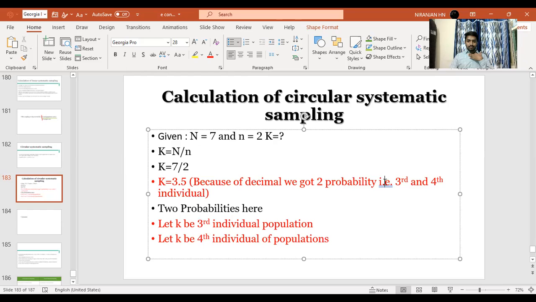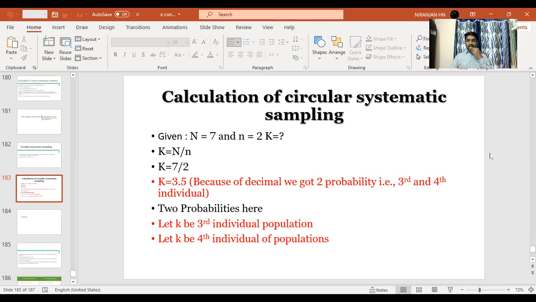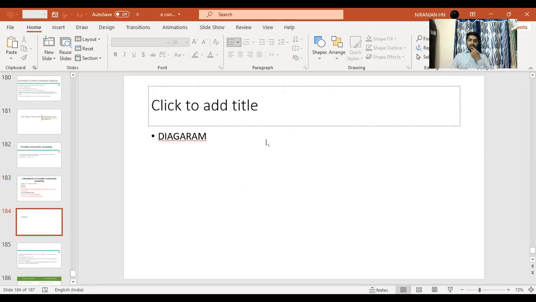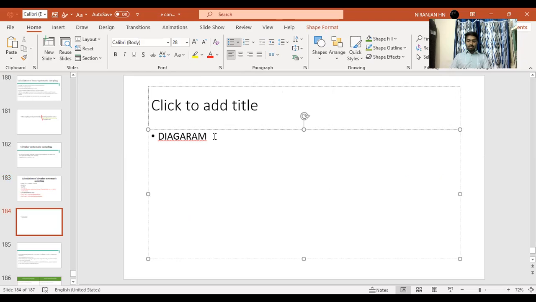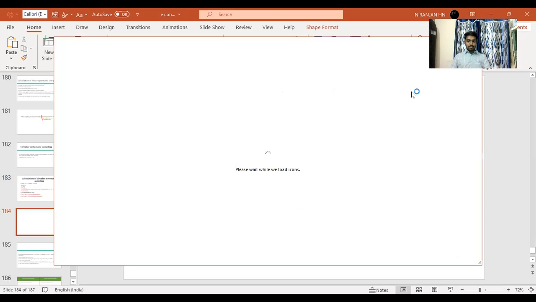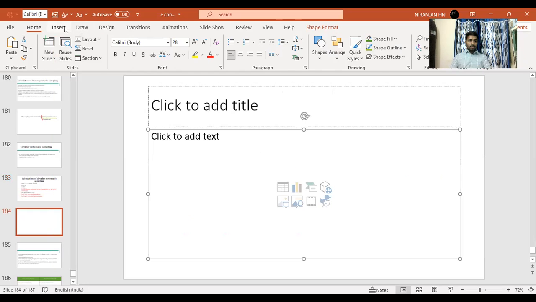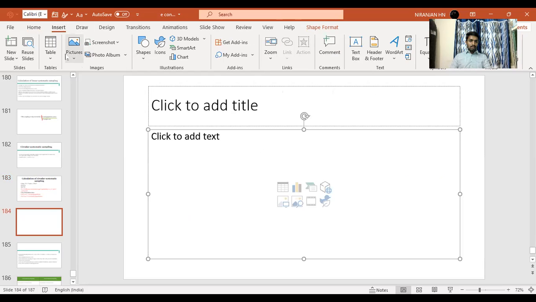So this was the example I explained. This has to be represented diagrammatically to bring out the results, so I'll draw a diagram also. Insert shapes.